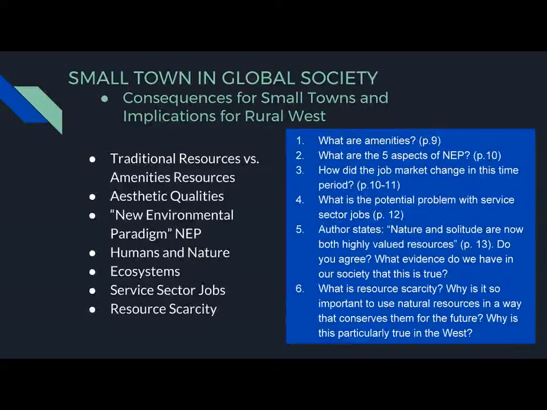And so there's value in the waterfall just because it's beautiful. So things like hiking and biking and camping and sightseeing, tourists love to go look at the gorge. That would be an amenity resource. And so it typically brings a tourist economy where people want to come where these amenities are.